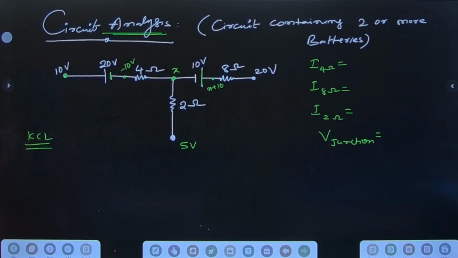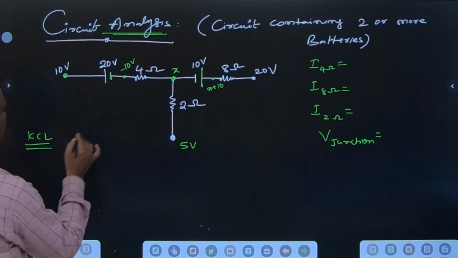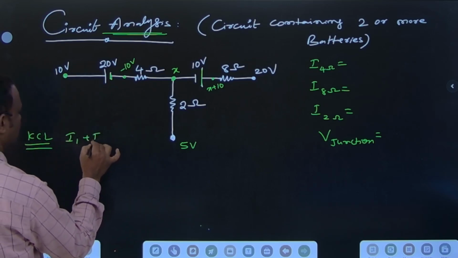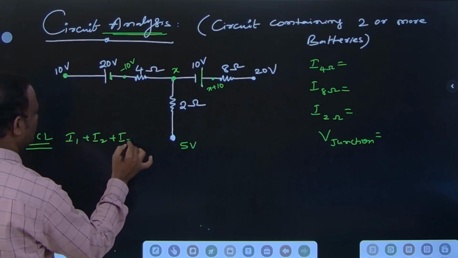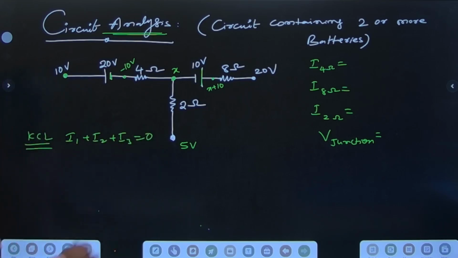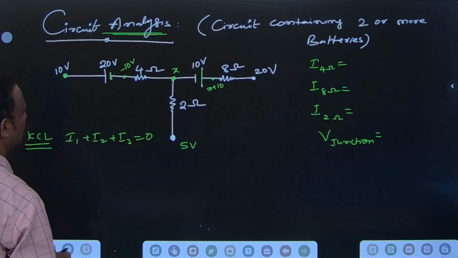Here, first one, I'm using KCL. KCL is I1 plus I2 plus I3 is equal to 0 at the given junction.